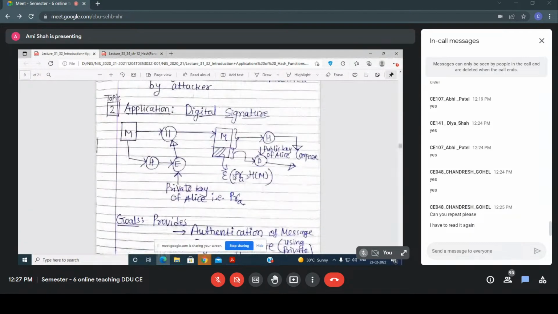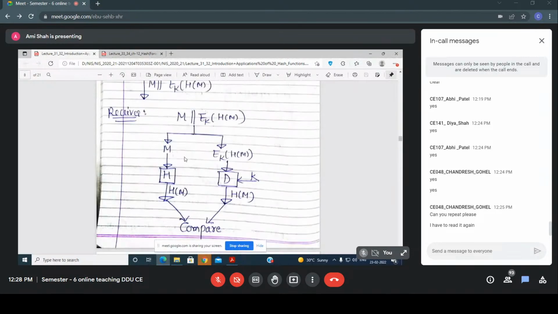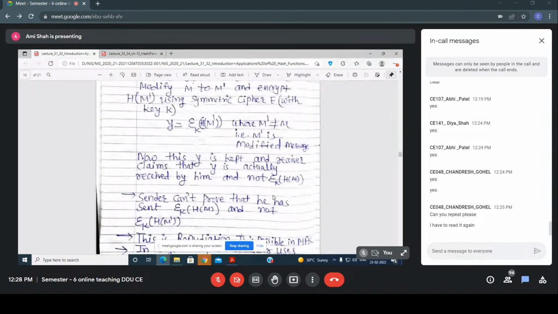Whatever message Bob is getting, the original message and this M dash do not match. And that's why the message is a modified message.